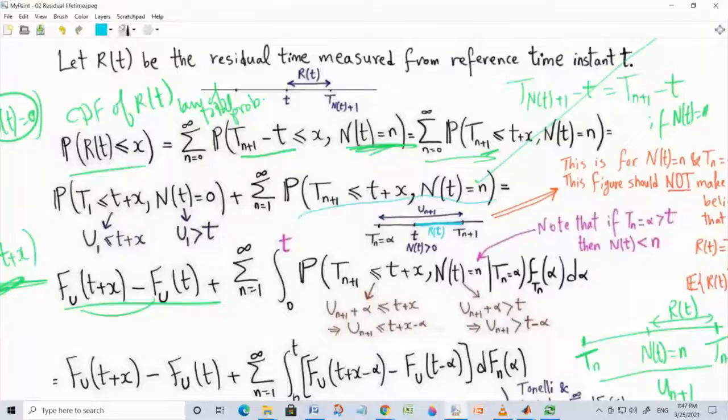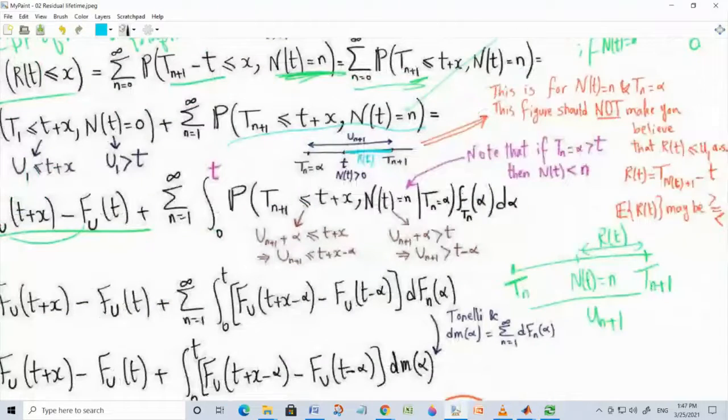Take this probability, condition it on the time of the nth arrival, multiply by the PDF of the nth arrival time and integrate, then split the integral into an integral from 0 to t and from t to infinity, and convince yourself that the integral from t to infinity will be 0, and you are left with the integral from 0 to t. Okay, so this is what we have here.